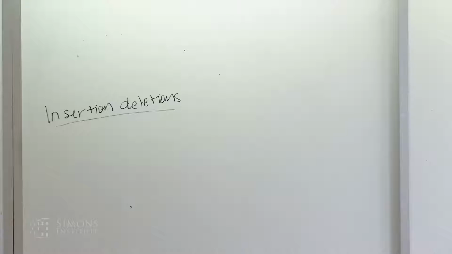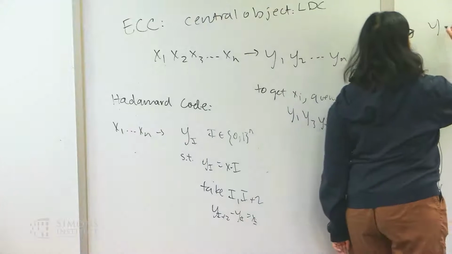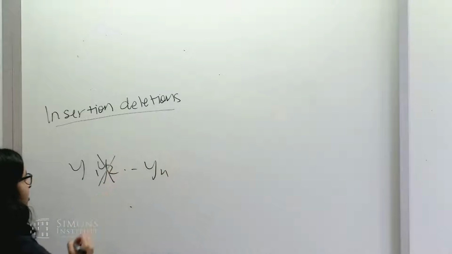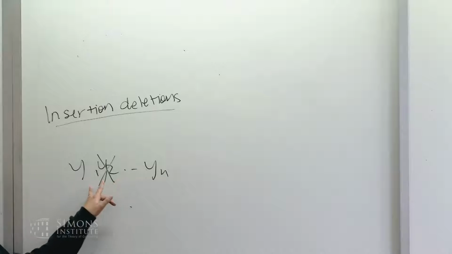In insertion deletion errors, instead of the adversary being able to take this encoded word and flip some of the bits, they can actually get rid of some of them entirely. So if you have a code word y1, y2, through yn, you can just get rid of y2 entirely, and then the person receiving the code word will not know that y1 and y3 were not meant to be adjacent. They'll just receive the string.